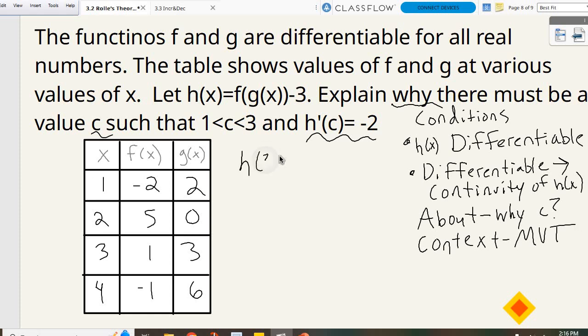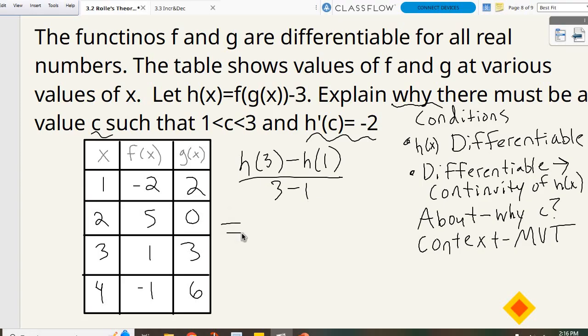So we have h of 3 minus h of 1 divided by 3 minus 1. Yes? Do they give us data on h? They don't give us on our table, right? But do they give us what h is? Yes.